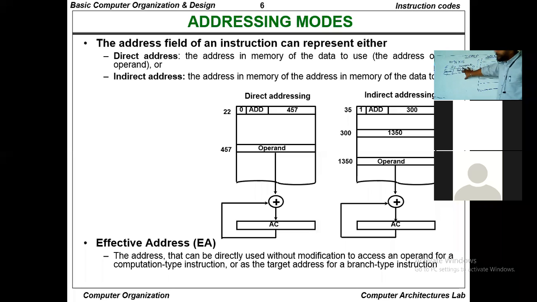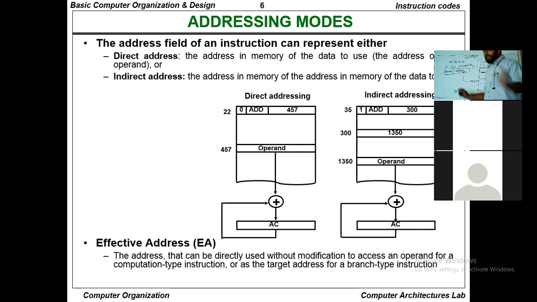Okay, the data is present in the instruction itself. But the second case is if it is the address of the memory. Suppose it is 1, 2, 3, 4 and this is 1, 2, 3, 4. This is the address of memory where the data is present. This 04 is the data.